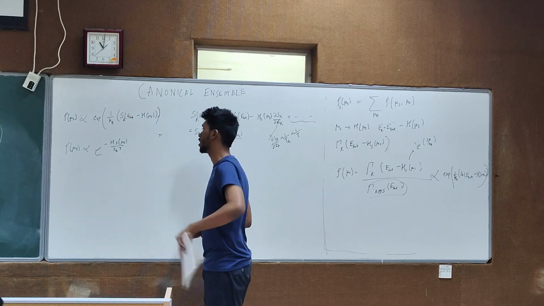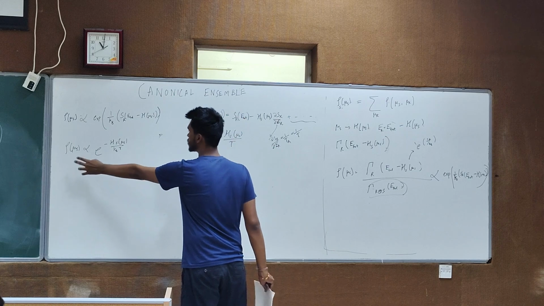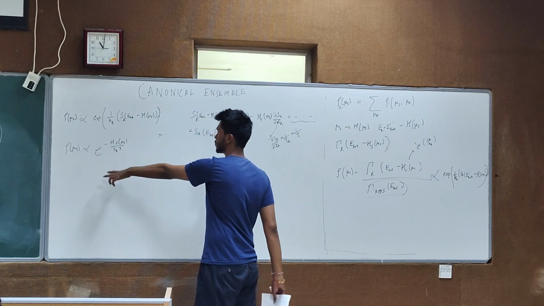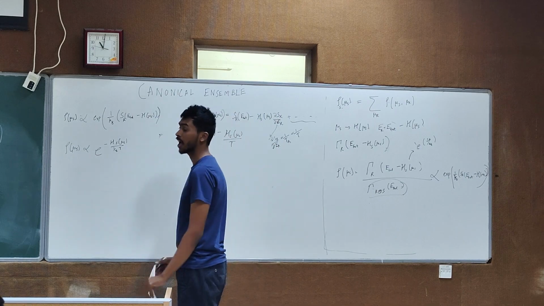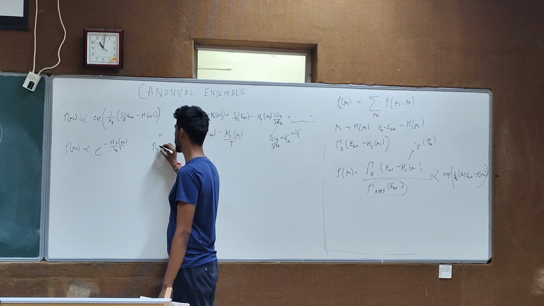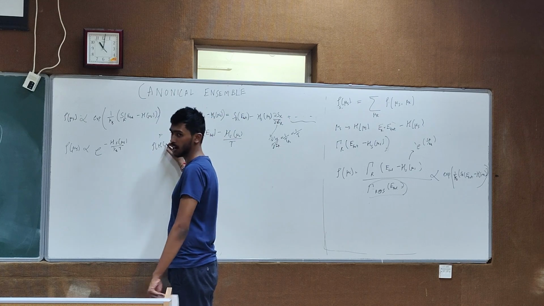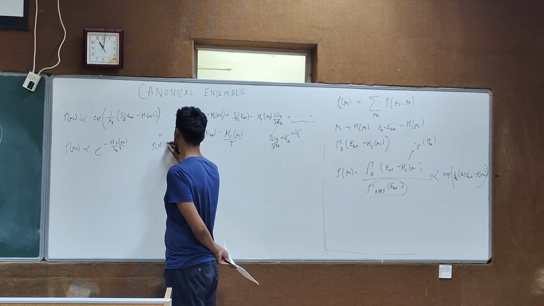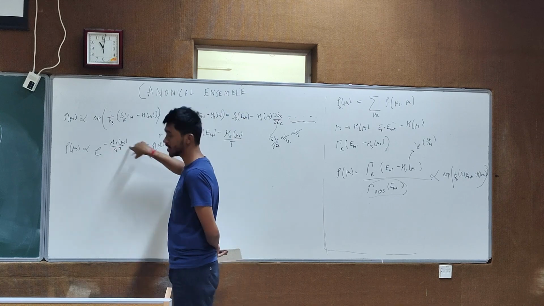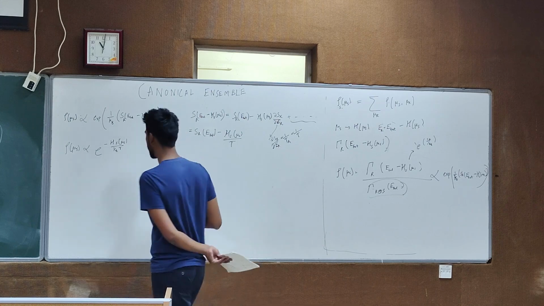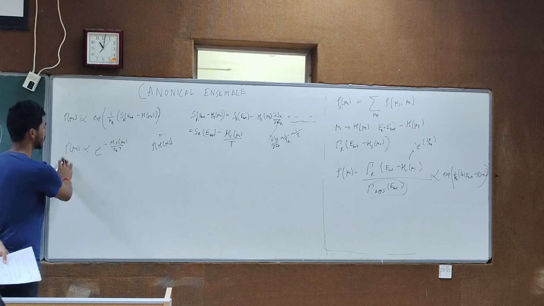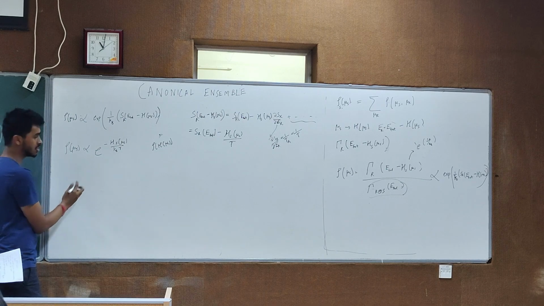So your rho of mu s comes out to be proportional to exponential of the negative of the Hamiltonian of S. And if you remember from Liouville's theorem, rho has to be a function of H of mu s for the system to be at equilibrium, and you see it is actually that. And since rho is a probability distribution, you have to normalize it.